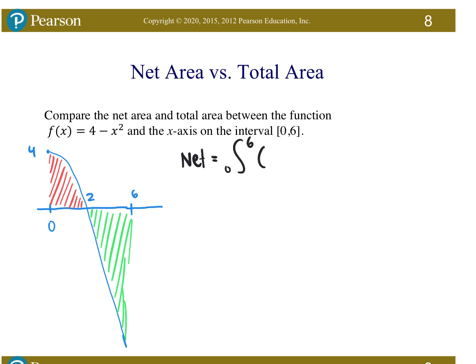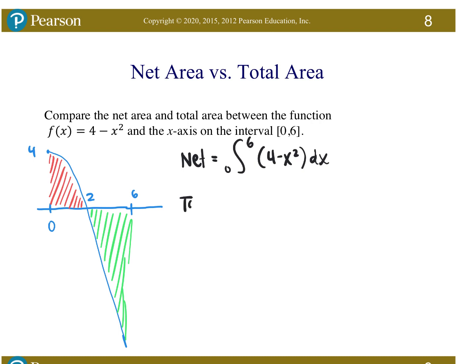And I would have the integral of y1, 4 minus x squared dx. That'll be my net. Do you expect that to be more positive or more negative? More negative. Probably more negative. Mine's not quite perfectly drawn to scale, but the negative is quite a bit bigger than the positive part is.